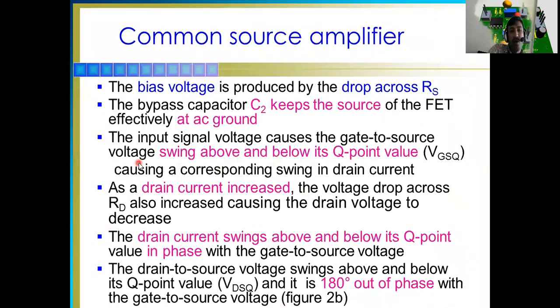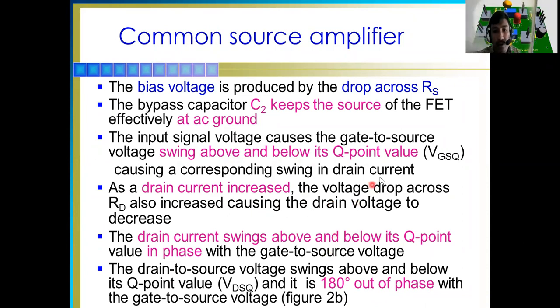Now the third point: the input signal voltage causes the gate to source voltage. Gate to source, what did we make here? It is the common source, right? So the source terminal we make common. That's why they use this sentence.